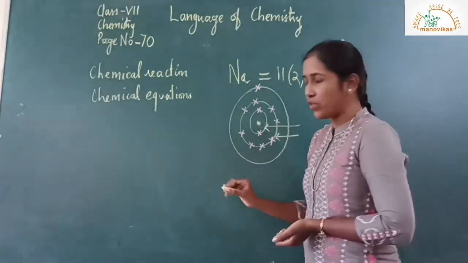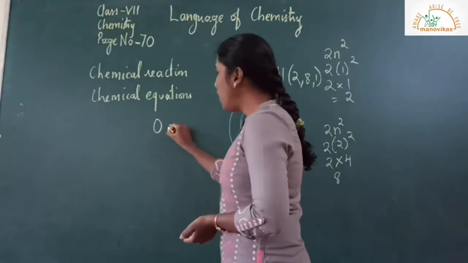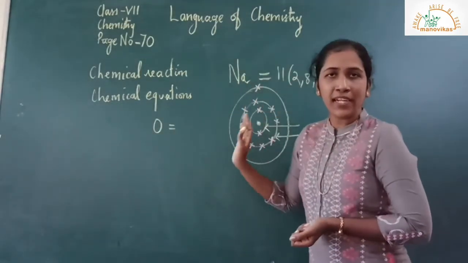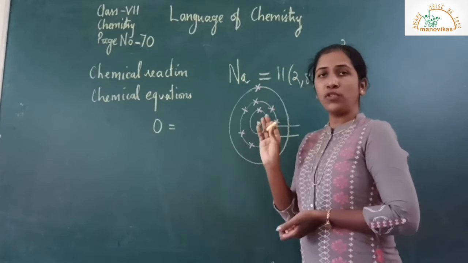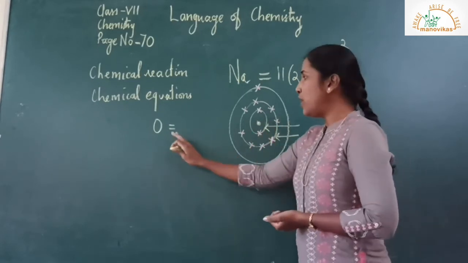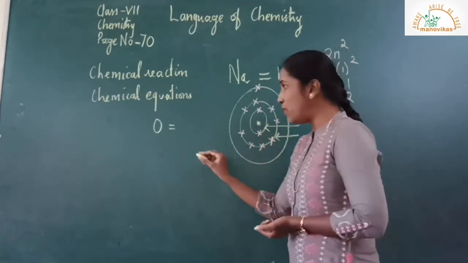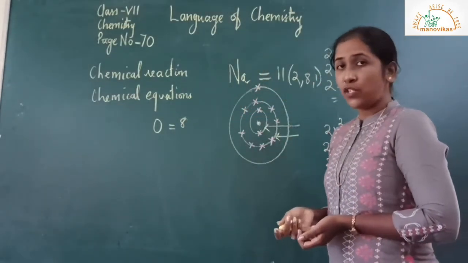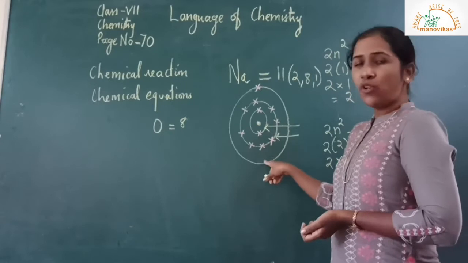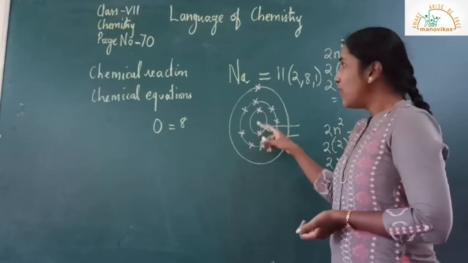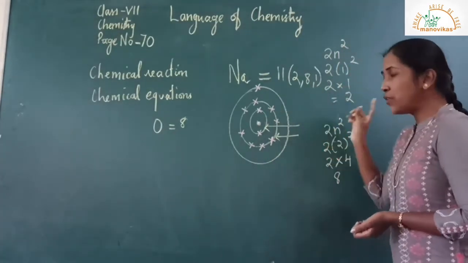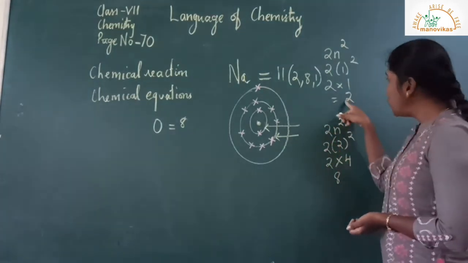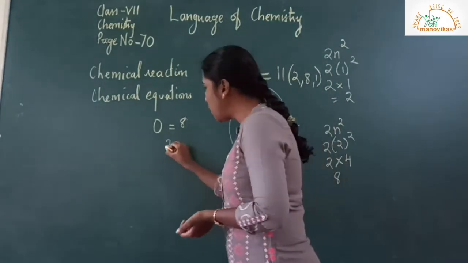Similarly, we can try for oxygen. For oxygen, in order to write the electronic configuration, you should know the atomic number. Now oxygen has the atomic number 8. So I need to write the electronic configuration. It's not that you have to draw the shells. Okay. If you know the number of electrons, now you know in the first shell you can have 2 electrons. So I'll write 2.